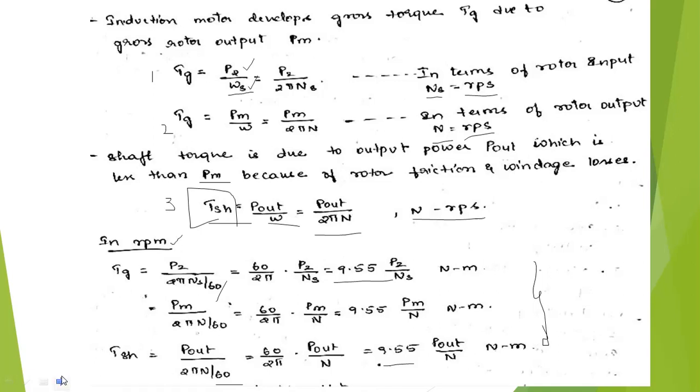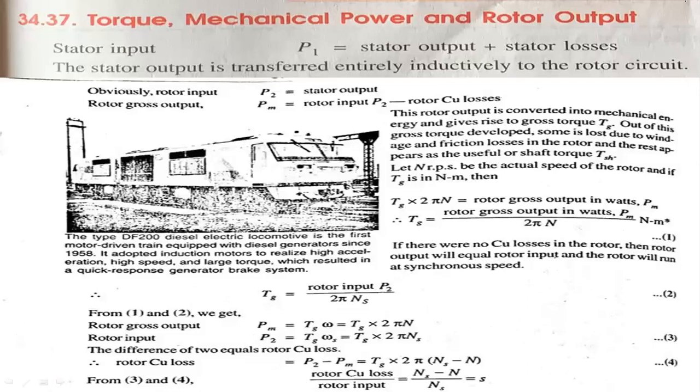Okay, next torque. So what is torque, mechanical power and rotor output, you will see. See here, we know that the stator input is P1. Out of that we are getting the stator output plus stator losses. Stator losses are stator copper loss and stator iron losses.